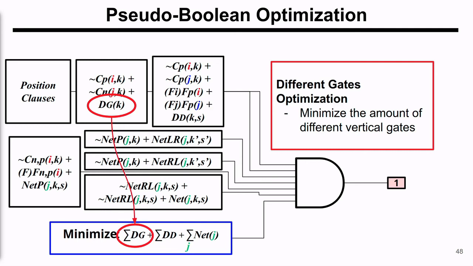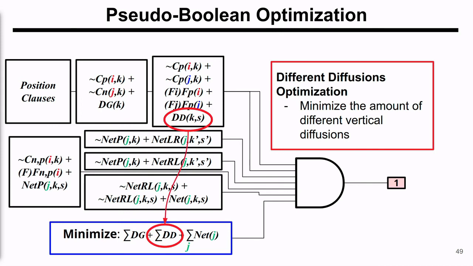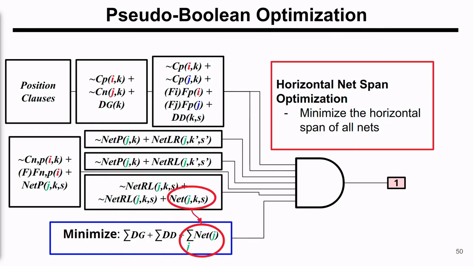We input the sum of different gates variables as an optimizable expression. Then, we also optimize the different functions. The sum of different function variables is introduced also in the optimizer. Finally, to reduce the horizontal routability, the horizontal span of all nets j are summed all together and introduced in the final optimizer.